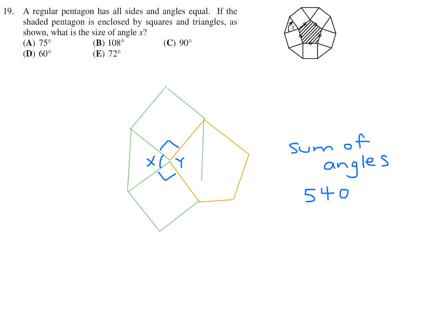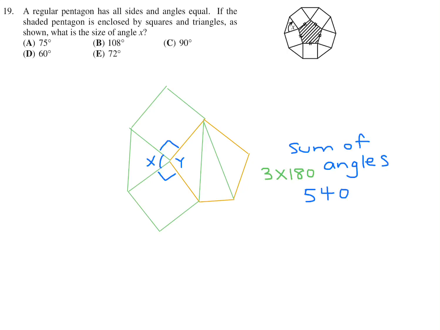That's just intuition, because a pentagon can be divided into 3 triangles. And the sum of the angles of a triangle is 180. So if you have 3 triangles, it would be 3 times 180. Okay? So therefore, what is each angle?